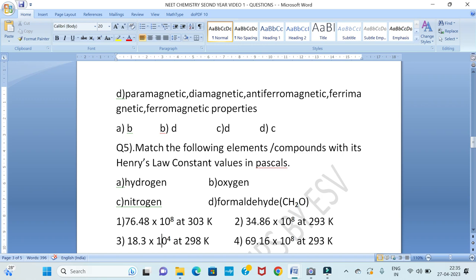For that you have to know the 1 bar value. If you know the kilobar value, you can easily convert.